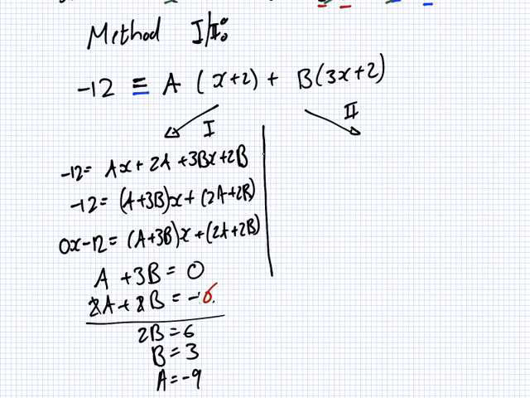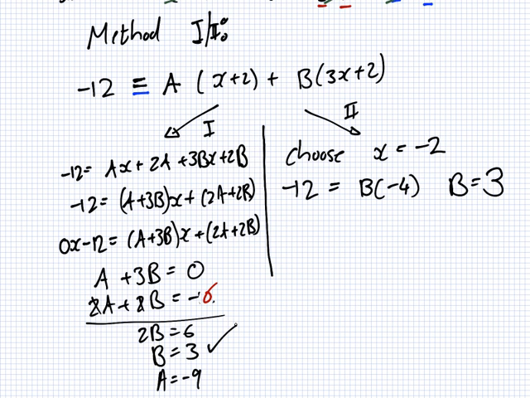Well, if I can choose any x, why not choose something better than 0. x equals minus 2. Because if I choose x equals minus 2, then I get minus 12, should be the same as b times minus 6 plus 2, minus 4. So then that means b equals 3.